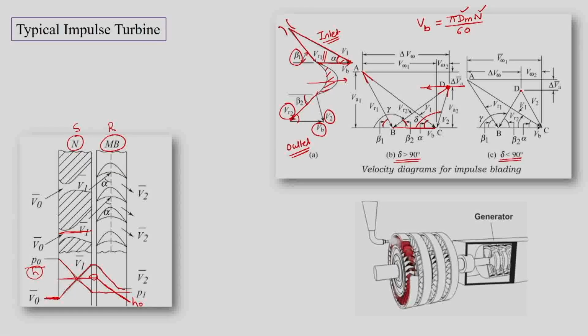Then we are more interested in something else: here we are interested in finding out the torque or the power output. For finding out torque, we are more interested in the change in angular momentum of the stream of steam which is coming and leaving the rotor.